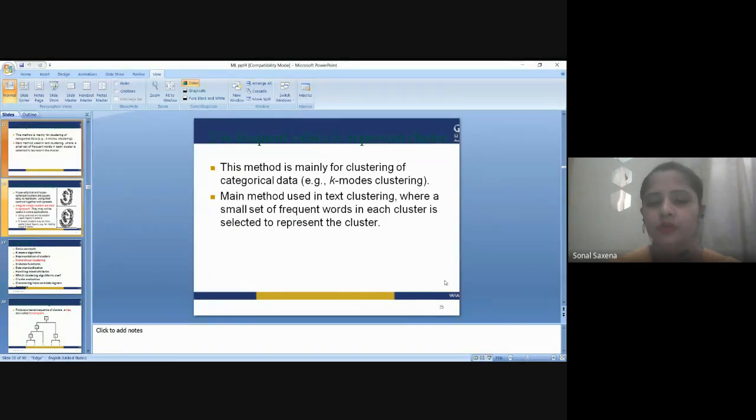If the algorithm sees such text in your post or tweets, it automatically removes that word. So this is basically text clustering. What we can do here is select a specific word for representing a particular cluster. So this is one of the ways of representing the clusters that we have.